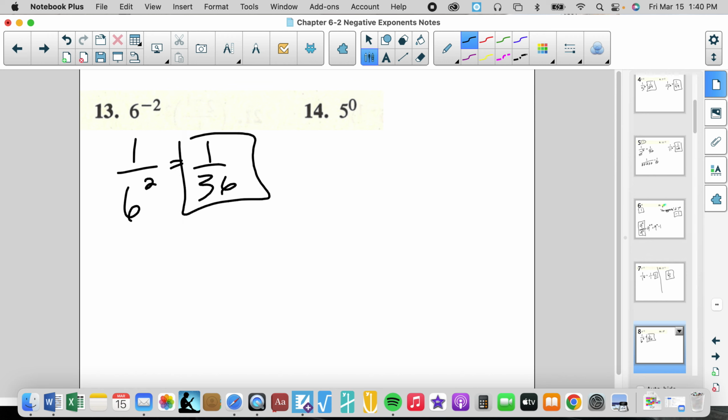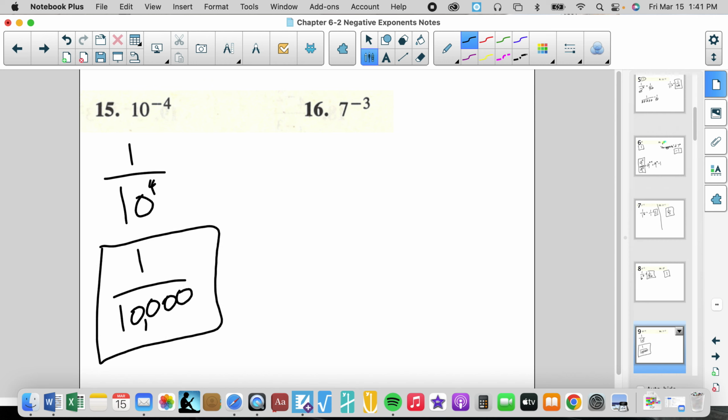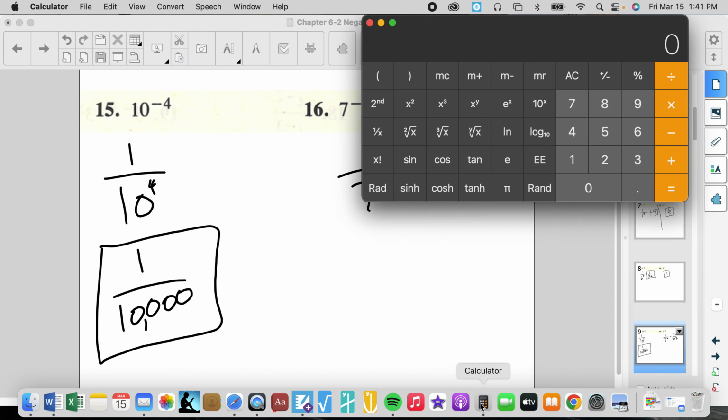And you should be able to do these this easy. 5 to the 0 equals 1. 10 to the negative 4 is equal to 1 over 10 to the 4. 10 to the 4th is a 1 with 1, 2, 3, 4 zeros. 7 to the negative 3 is 1 over 7 to the 3rd, which equals 7 times 7, which is 49, times 7 is 343. 7 cubed, 343.